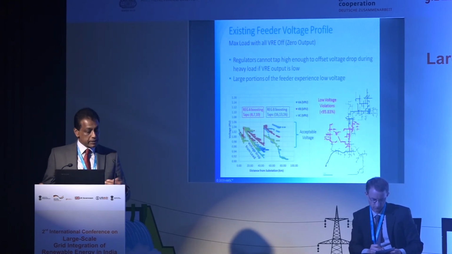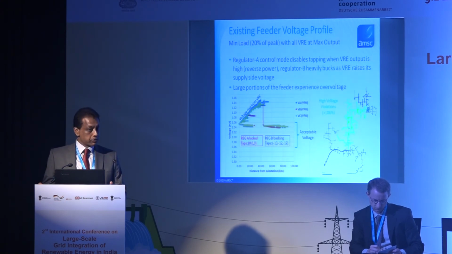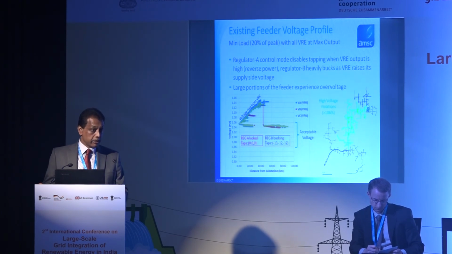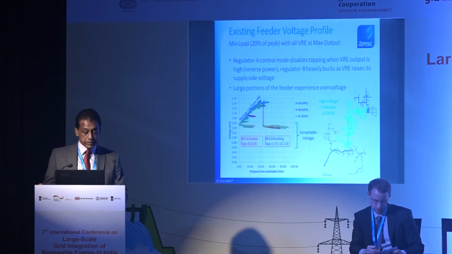While the voltage regulator does work, and there are 2 of them, bringing the voltage back up to within the region, at the extremes of the day it does go out significantly and you are in violation. And of course, at light load and high generation, your voltage gets too high on the feeders as well.